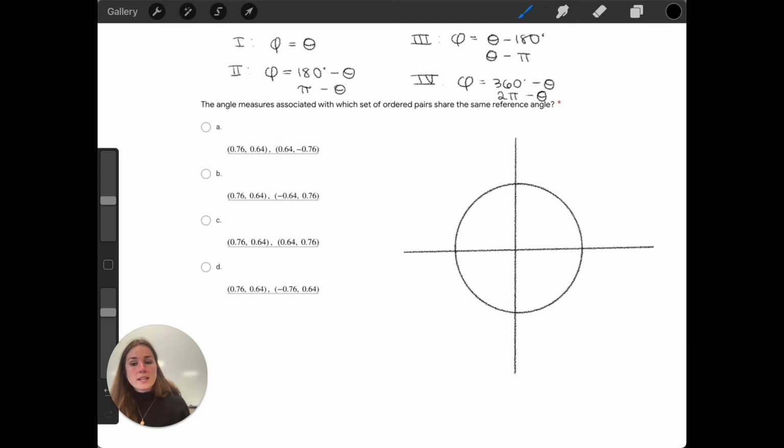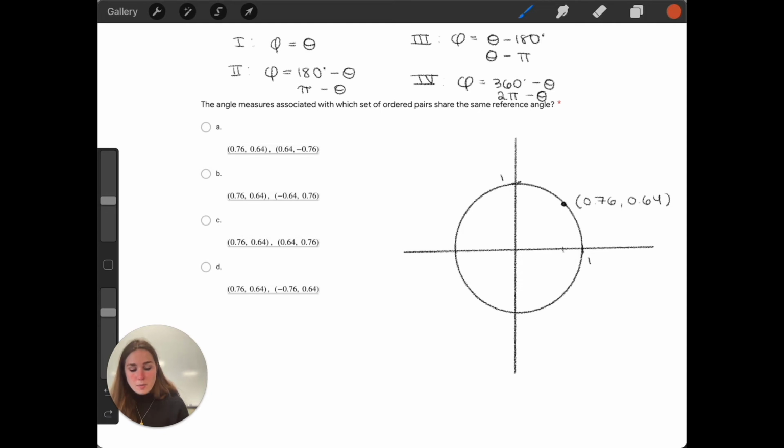So in each of these, we have a starting point of 0.76, 0.64. Since we're on a unit circle, we're at 1 over here and 1 up here, so 0.76 is going to be kind of around here, and 0.64. So our point's going to be somewhere like this, 0.76, 0.64. In option A, we've got 0.64, negative 0.76.